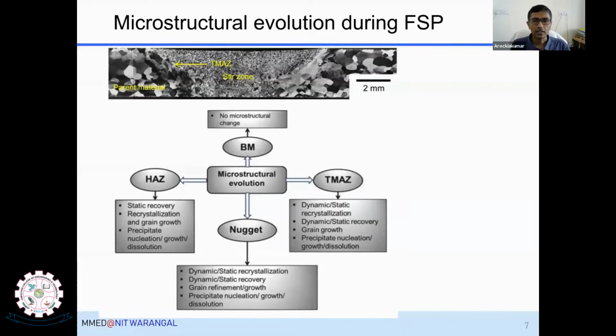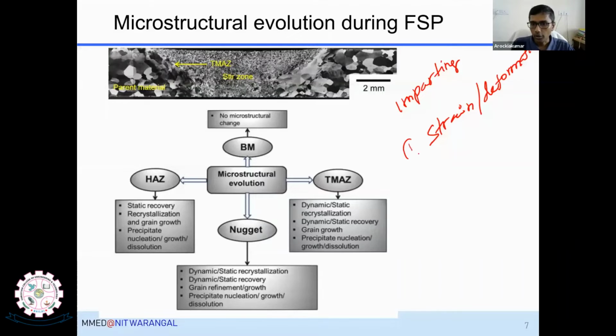When I say the grain size is decreasing after FSP, why is it decreasing? Remember, whenever you do FSP, you are importing two things into the material. One is strain, or deformation.